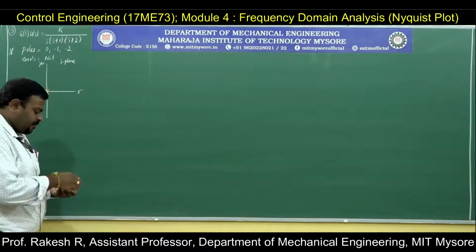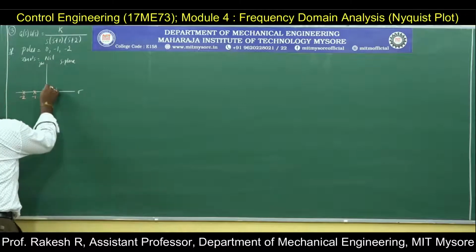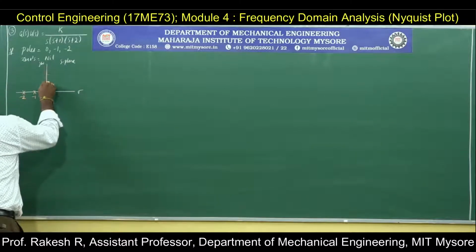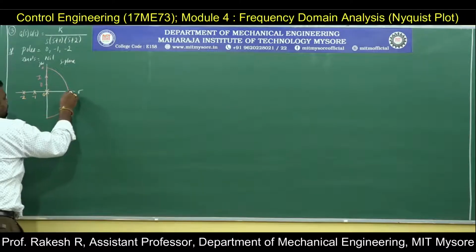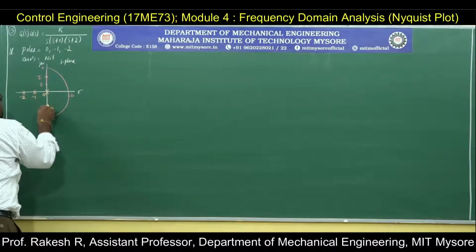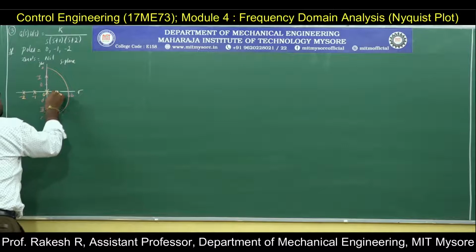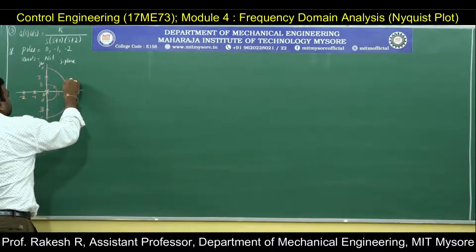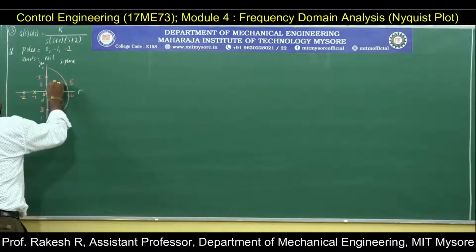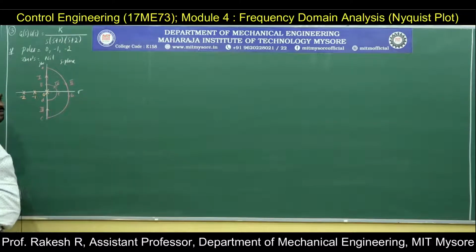So since there is a pole at origin, we will take a contour. So this is segment 1, OA, and this is segment 2, ABC, and this is segment 3, CD, and this is segment 4. So segment 1, segment 2, segment 3 and segment 4.